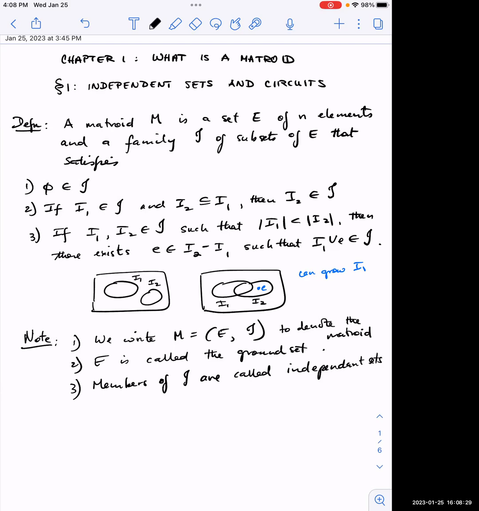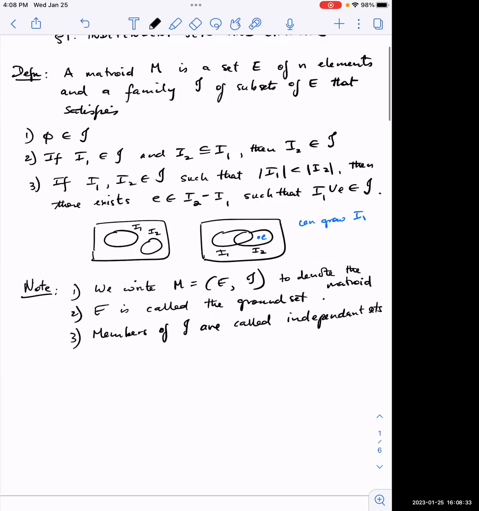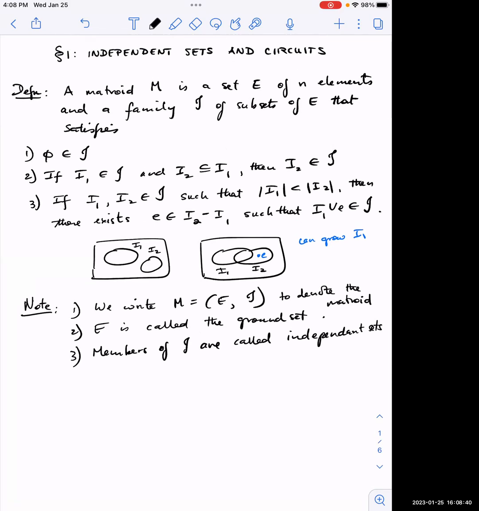And the motivation for why this is called independent sets will be clear in a little bit. And these three axioms are called independence axioms.